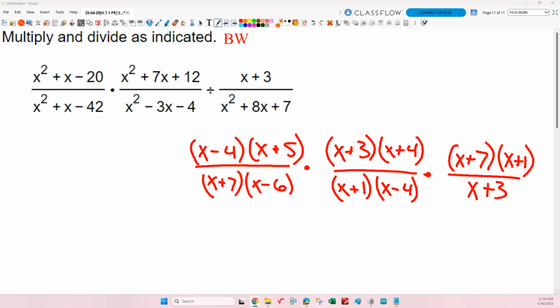So what zeros can I not have? -7, 6, -1, 4, 3. We would have to check these ones too, right? Because we flipped them, but we already got those with those ones.